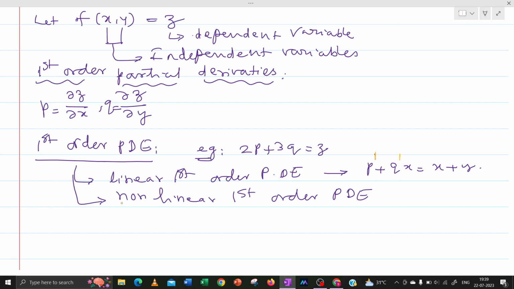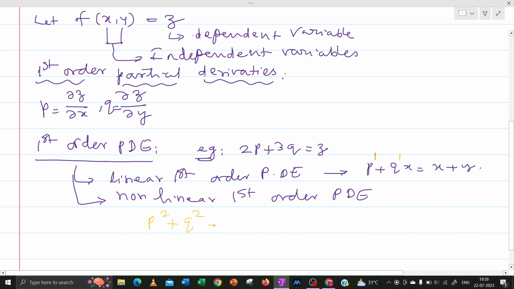But what is meant by non-linear? Non-linear means the degree is not 1 though the equation is of first order. For example, p square plus q square equal to z square. See here, p and q are the first order partial derivatives, but the power is 2.